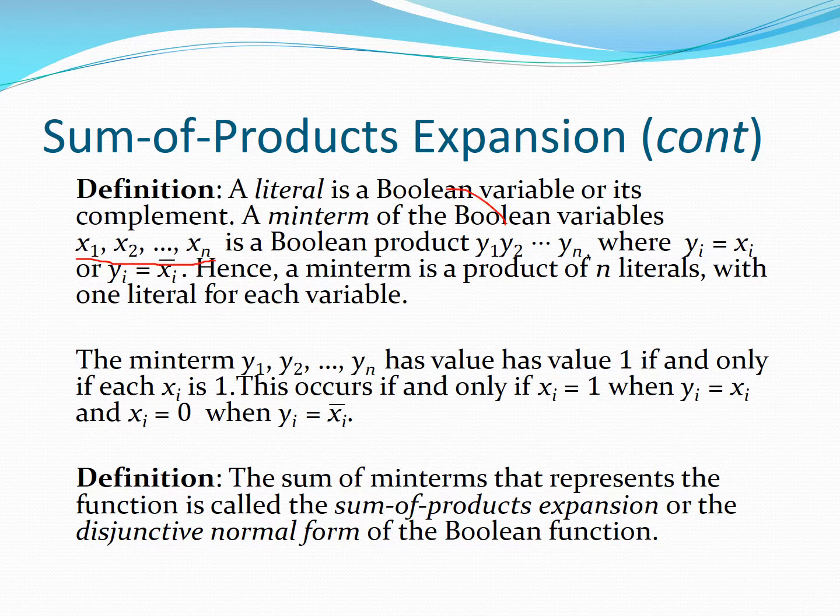Right? So it's going to be a product y1 so on till yn. Okay, and any of these yi can take the value of xi itself, or it can take the value of xi bar. Right? So exactly like the example we looked at in the previous slide.